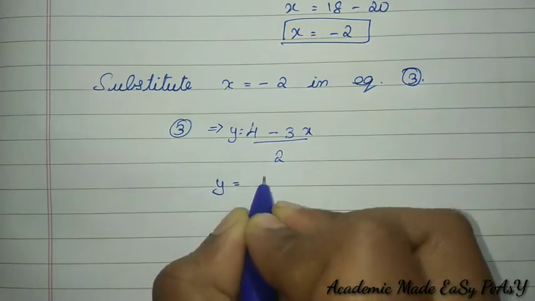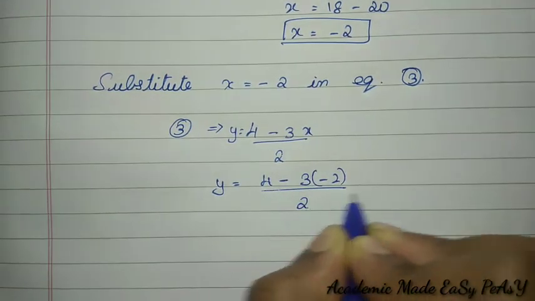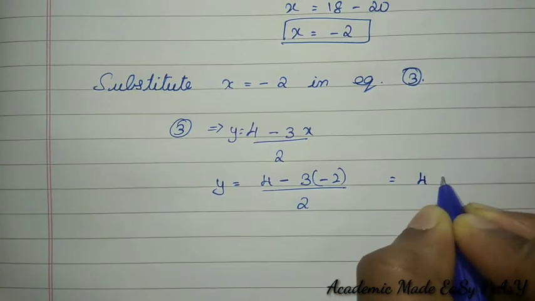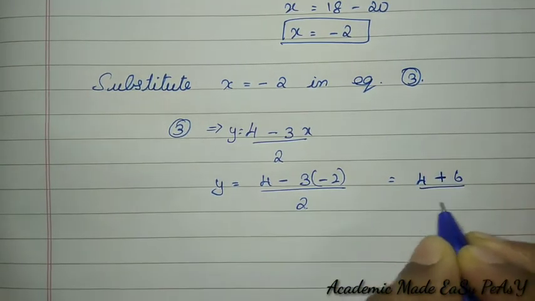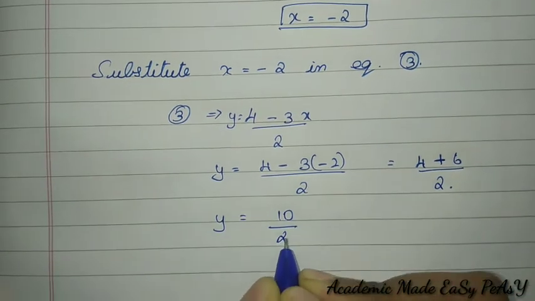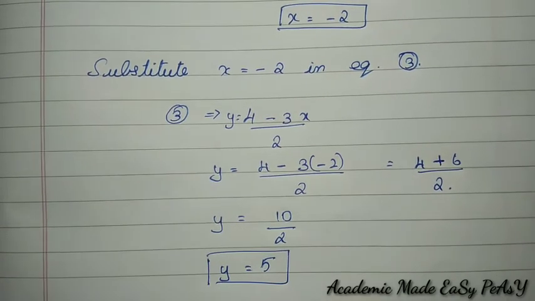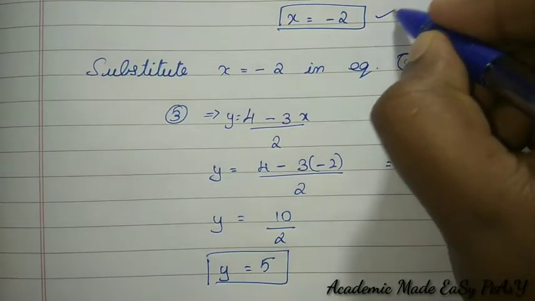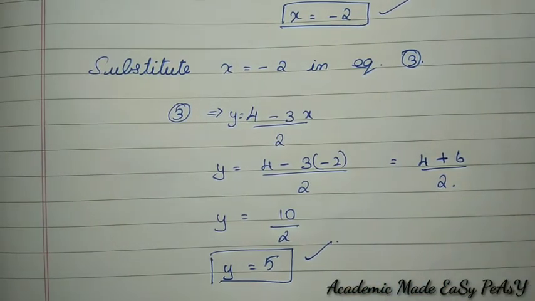So y is equal to (4 minus 3 into minus 2) divided by 2. So 4 minus, minus into minus is plus, 3 2s are 6, so (4 plus 6) divided by 2. So y is equal to 10 by 2. Therefore y is equal to 5. Now let us keep this aside. We found this through the substitution method. Now we will move on to the cross multiplication method.